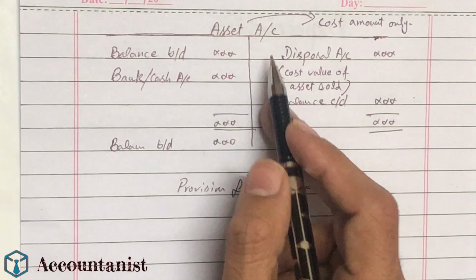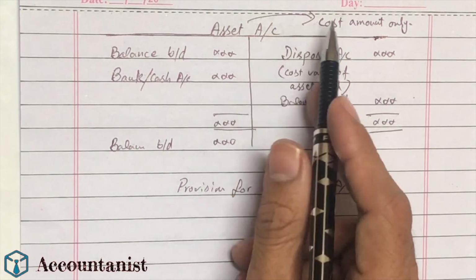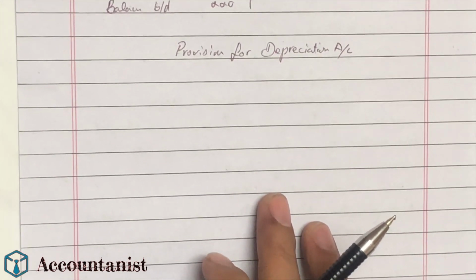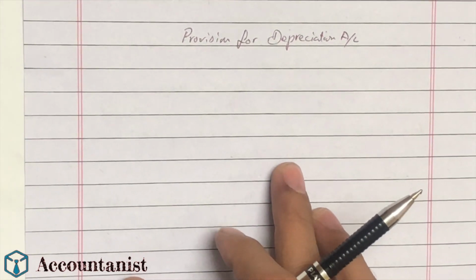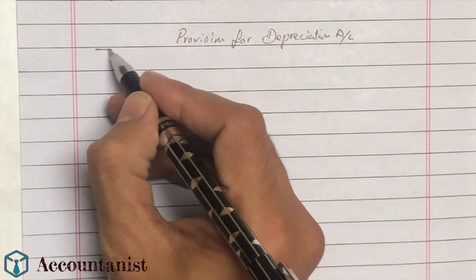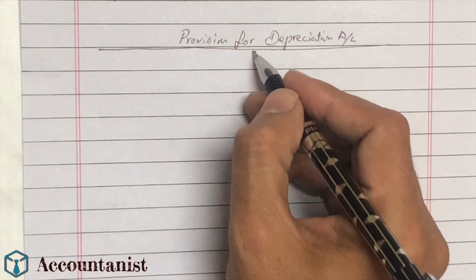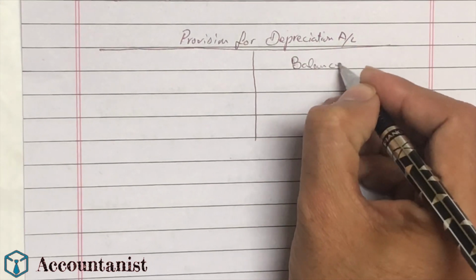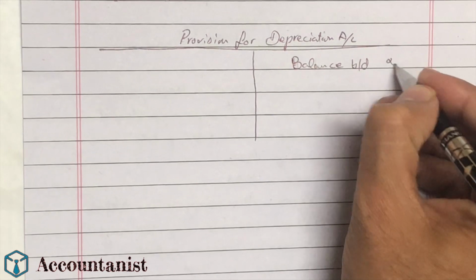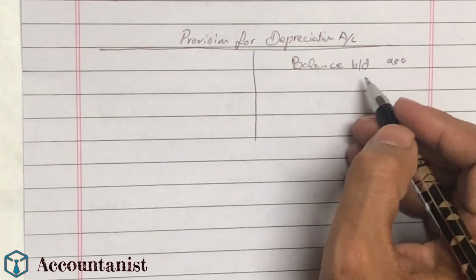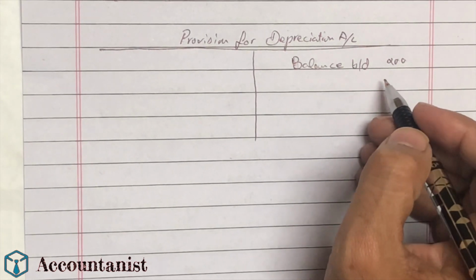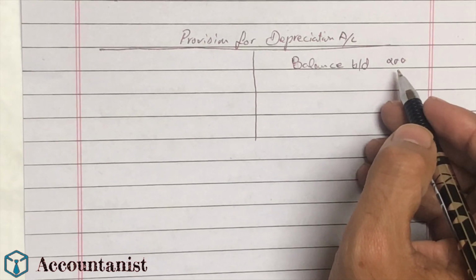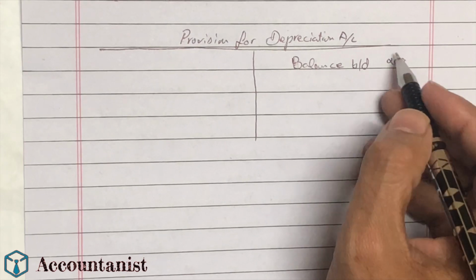Asset account means no depreciation, only the cost amount. In the provision for depreciation account, we'll have an opening balance on the credit side. We'll write down the balance brought down. This amount will be the depreciation amount of the previous years, if given in the question.